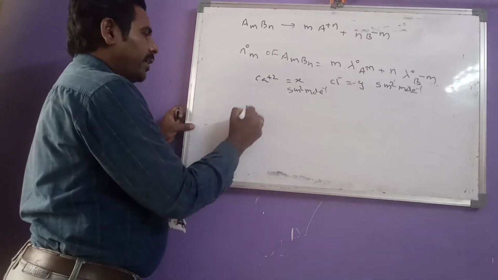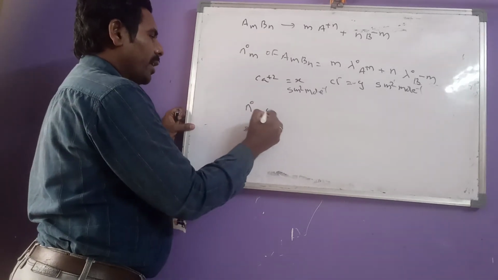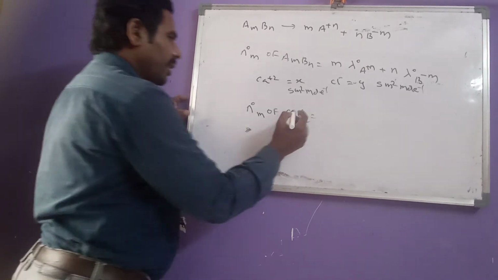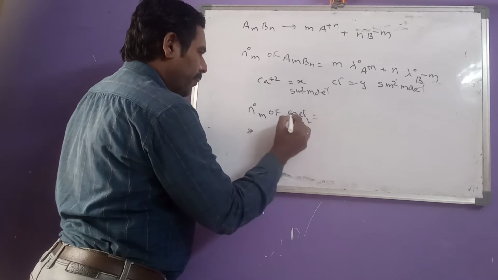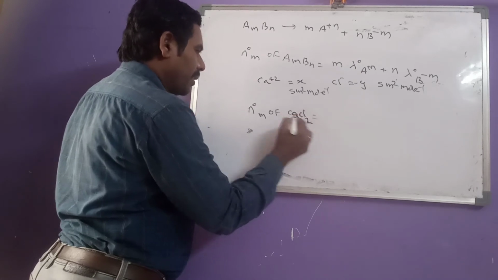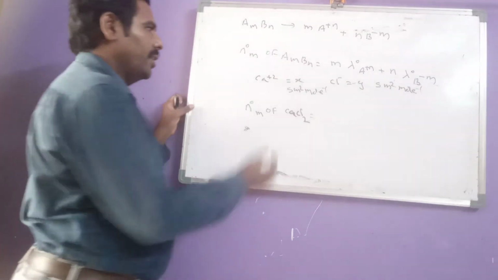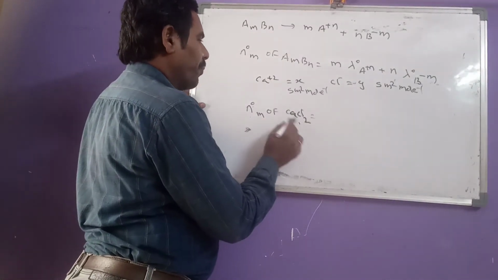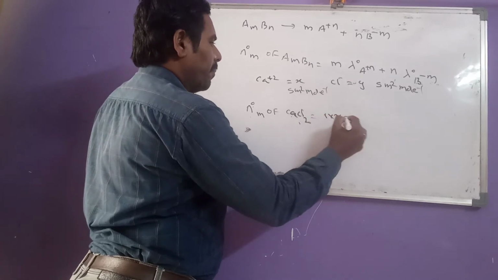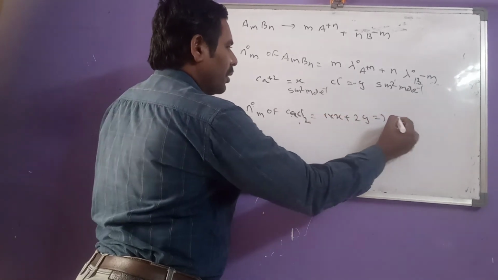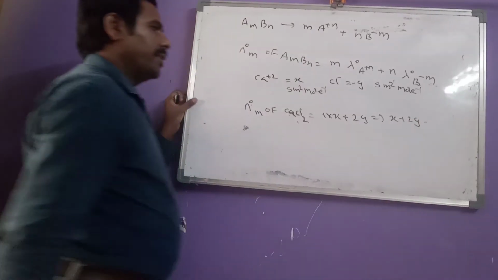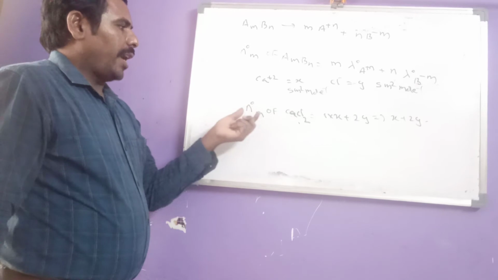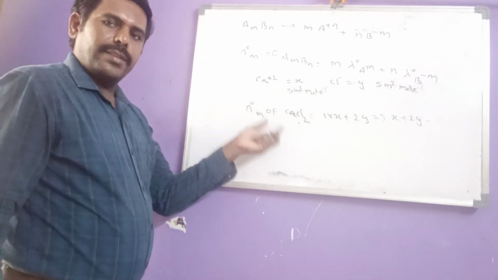Now, what is limiting molar conductivity of CaCl2? So we know that CaCl2 contains one Ca2+ ion, 2 Cl- ions. Now Λ°m of CaCl2 equals 1 into X plus 2 into Y. So the answer is X plus 2Y. So like this we have to calculate Λ°m of CaCl2.